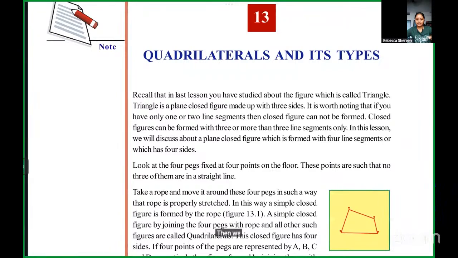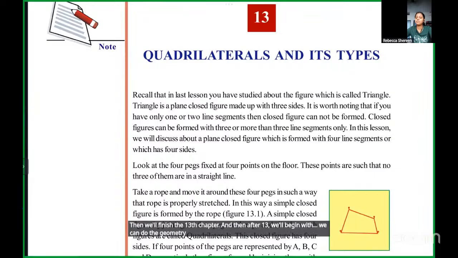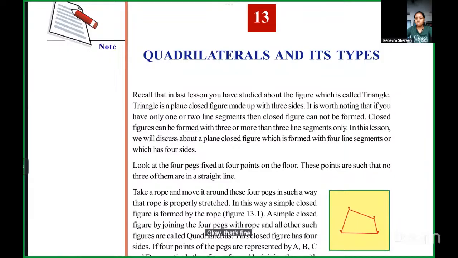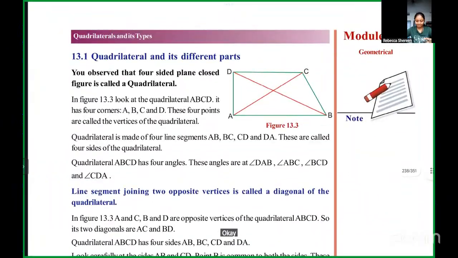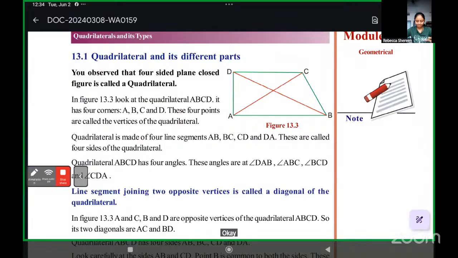Then we'll finish the 13th chapter, and after 13, we can do geometry. It's a good chapter, quadrilaterals and its types. Let me open the whiteboard.